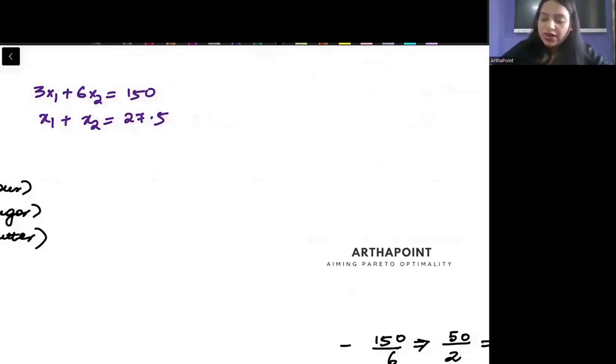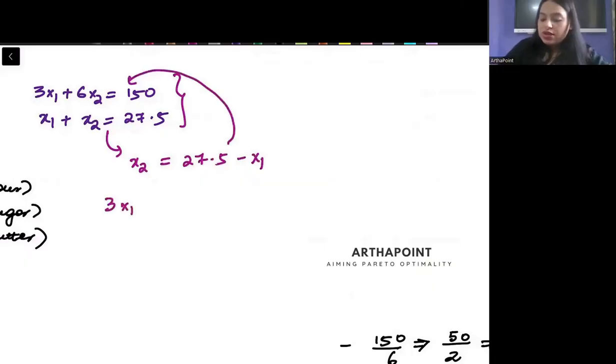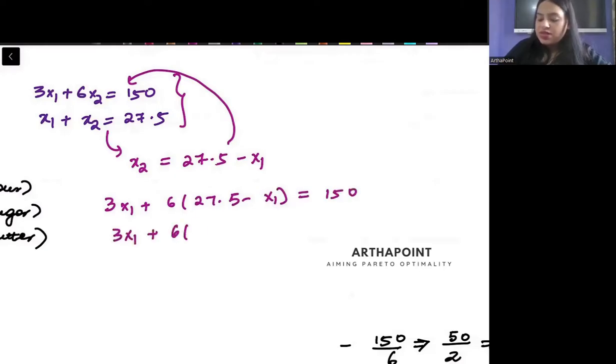So if I just go ahead and do that, from here, beta, I will get x2 is equal to 27.5 minus x1. I will put this x2 in this equation. So 3x1 plus 6 into (27.5 minus x1) is equal to 150. 3x1 plus 6 into 27.5 minus 6x1 is equal to 150. Let me just quickly calculate this thing.